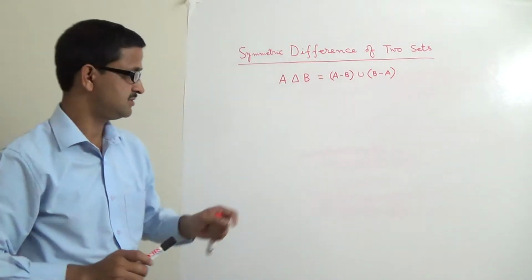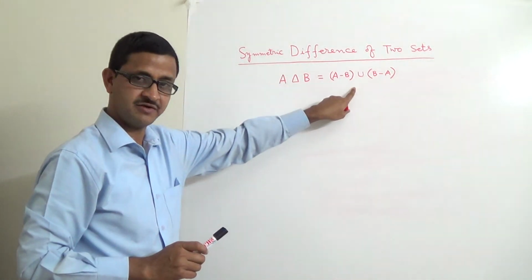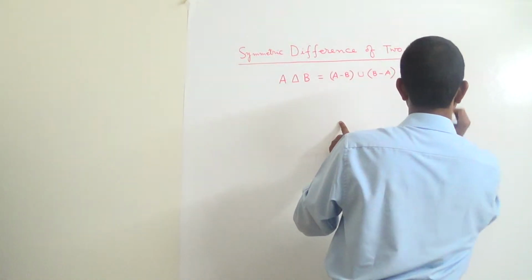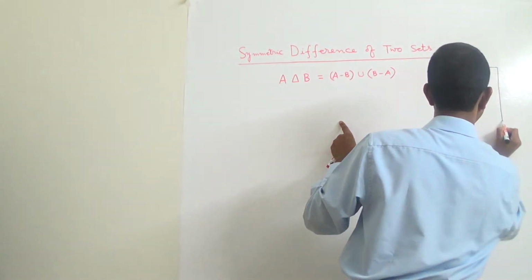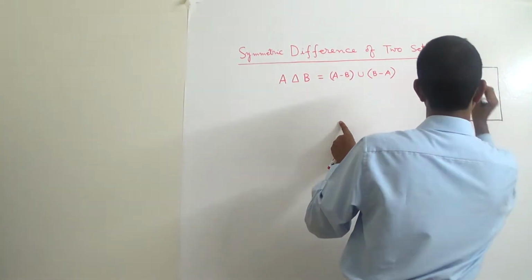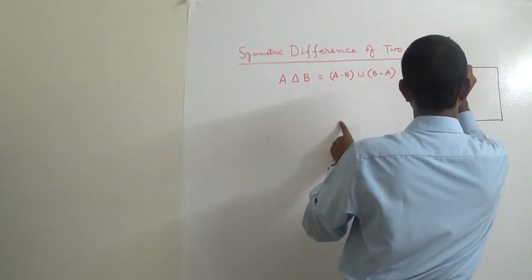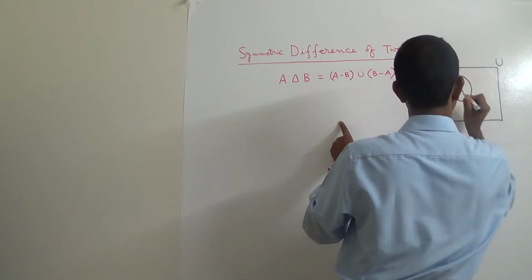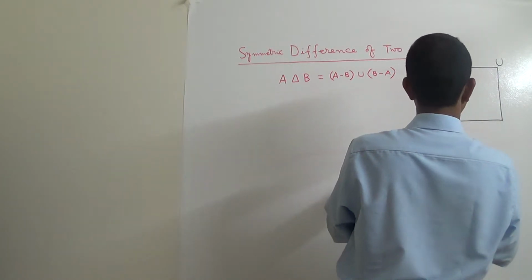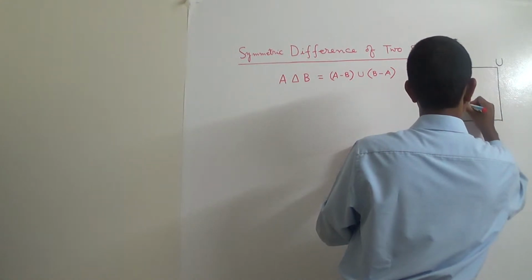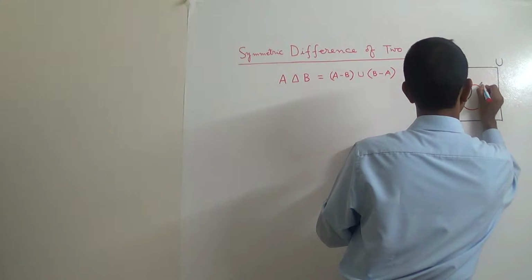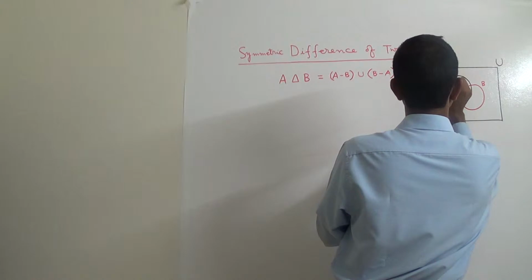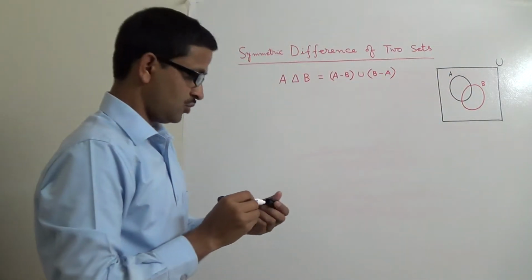Let's have a look into it by means of a pictorial form in Venn diagram, how it makes sense. Suppose this is the universal set U. This is the set A and this is the set B. So what is A minus B?